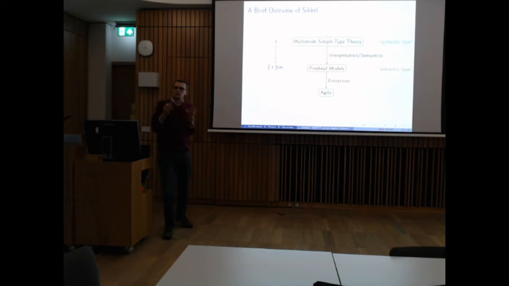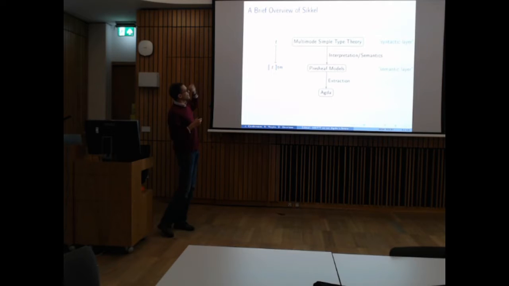Now the question you could ask is, why do we need that? That's basically because this formalization of the syntactic layer is just a data type of abstract syntax trees. So if you write your program, what you get is a value of some inductive data type, and not really an Agda function that you can use to compute values.